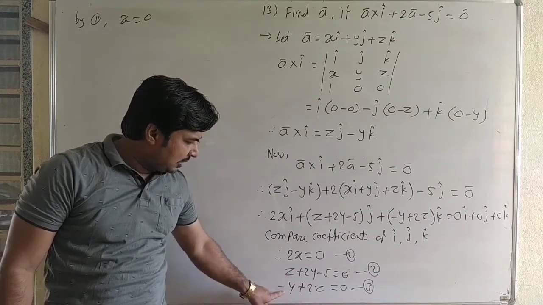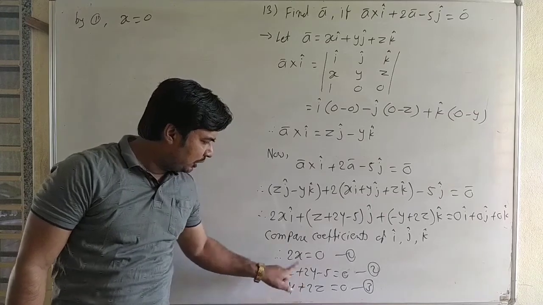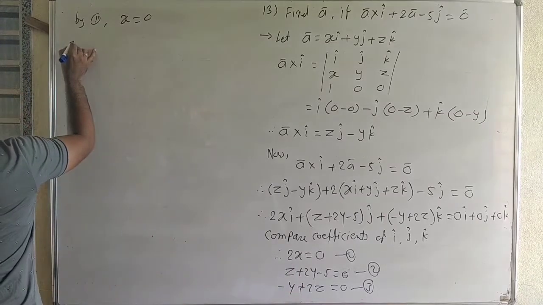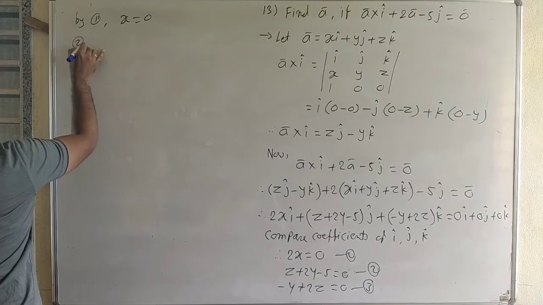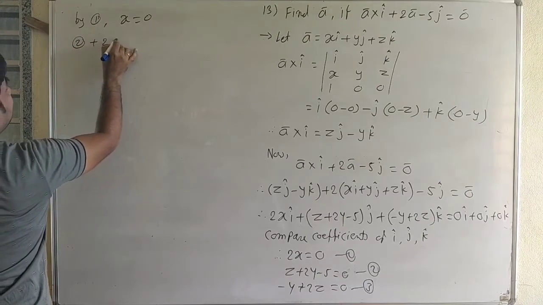Multiply equation number 3 by 2 and add them. Here, equation number 2 plus 2 into equation number 3.